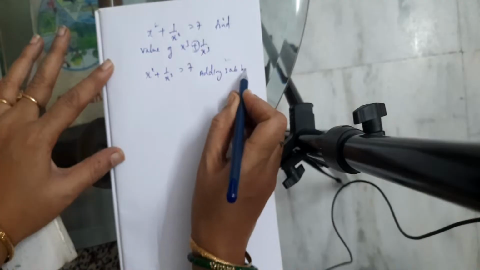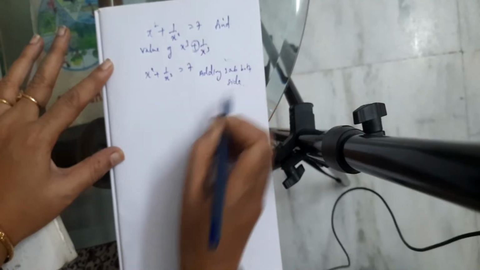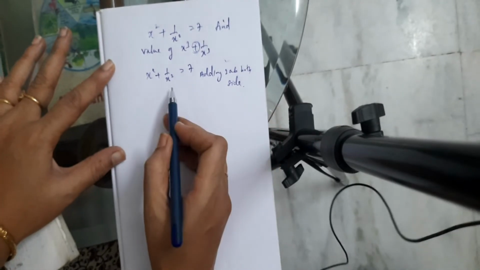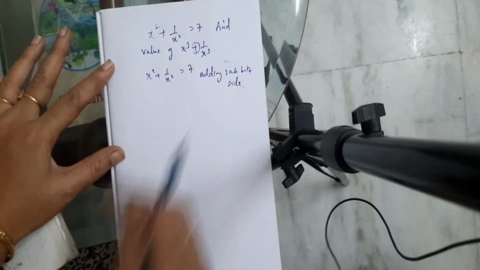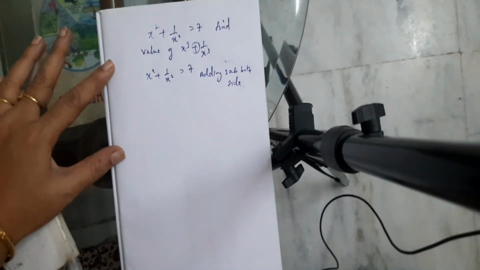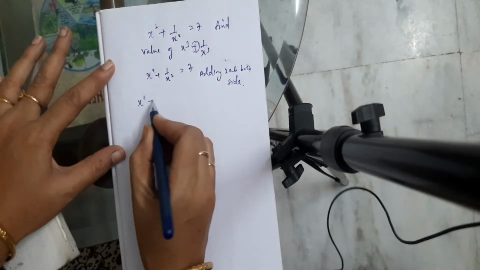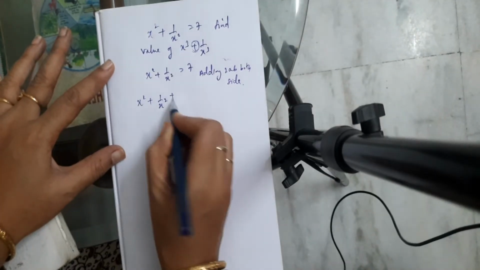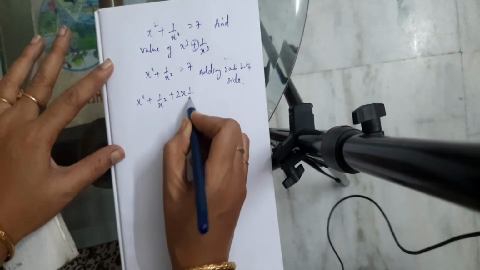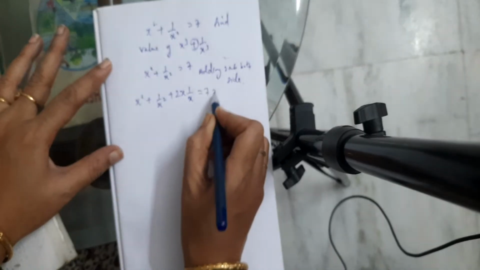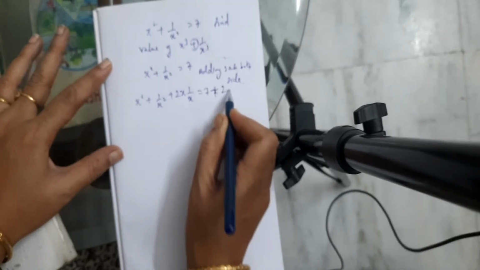Here 2ab is nothing but 2x multiplied by 1 by x. So x square plus 1 upon x square, adding 2 times x times 1 by x on both sides.